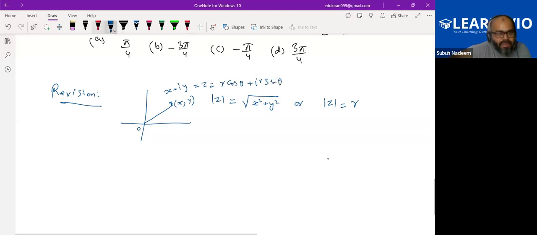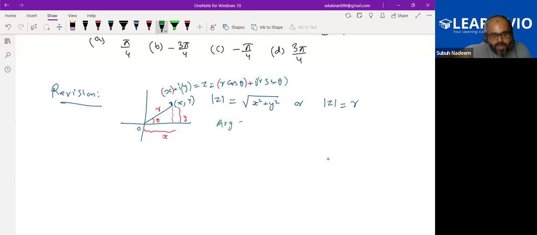That is, x is written as r cos theta and y is written as r sin theta. So mod z is either root over x square plus y square, or r. And argument of z is equal to theta.